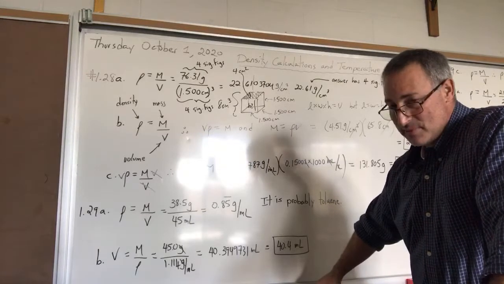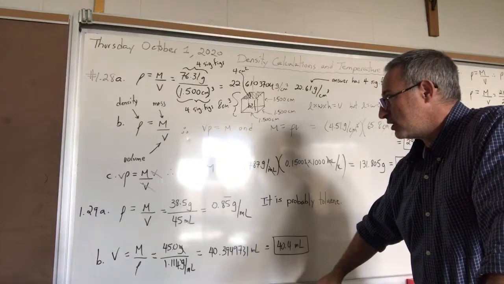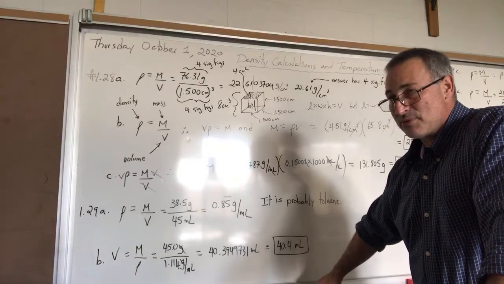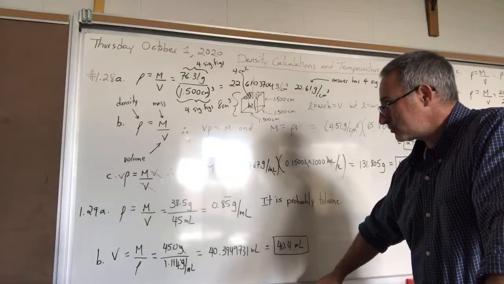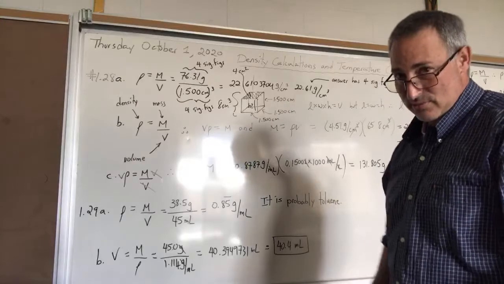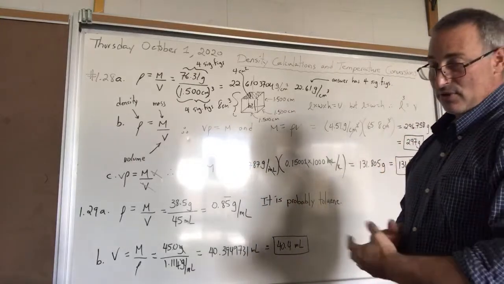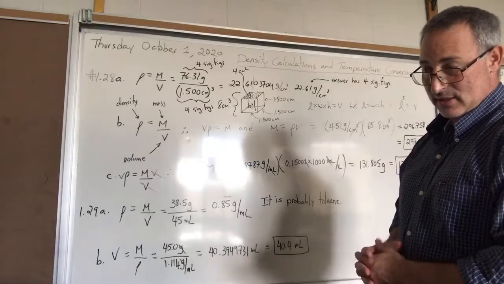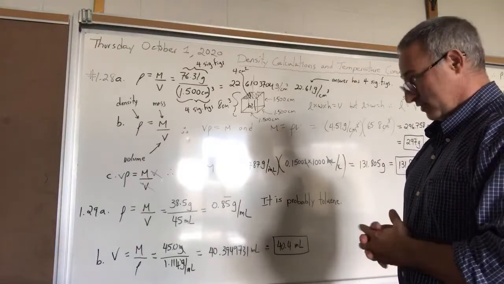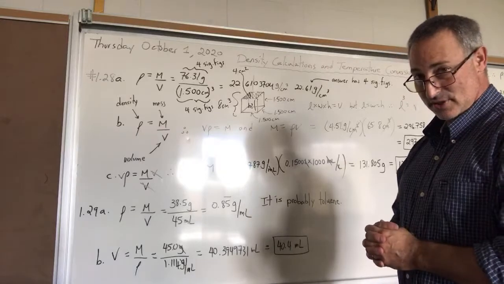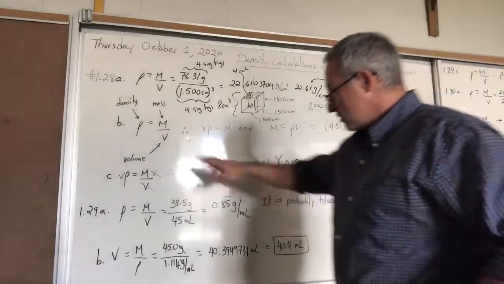In fact, most substances expand with heat and contract with cold, with the notable exception of water, which is known to expand when it freezes, which is why ice floats, because when it turns into a solid, it occupies more volume, and therefore the density of ice is slightly less than the density of liquid water. If water didn't float, it would be a disaster every time winter came because it would kill all the fish in every pond. But anyway, getting back on track, density equals mass over volume.